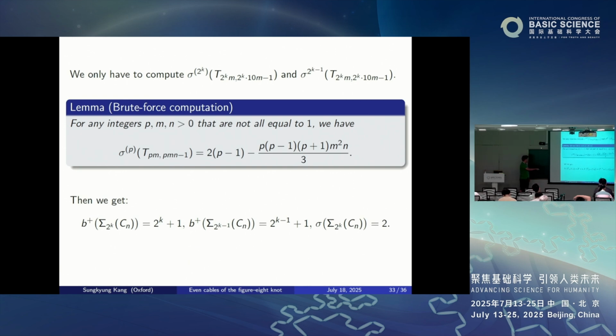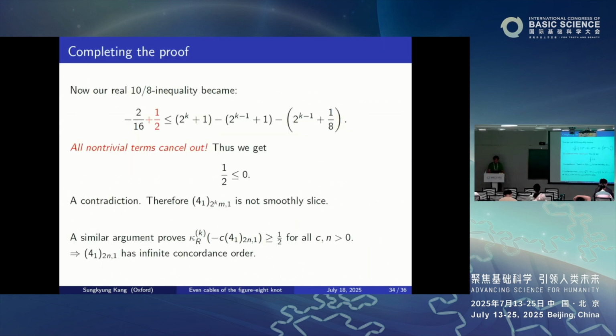It turns out that b2 plus is 2 to the power of k plus 1, 2 to the power of k minus 1 plus 1, and the signature is 2. Now you plug in, and your inequality becomes this. But it's weird, because all the powers of 2 cancel out, and all these integers also cancel out.